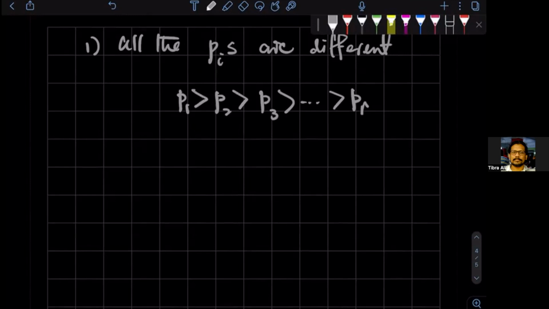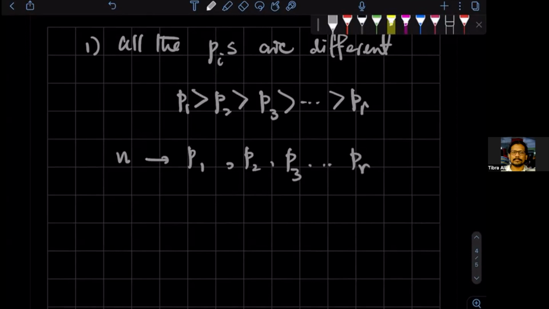Essentially, at the beginning, we want to take n objects, because there are n places, and fill them up into little bins of sizes P1, P2, P3, up to PR. Okay, how many ways can we do that?